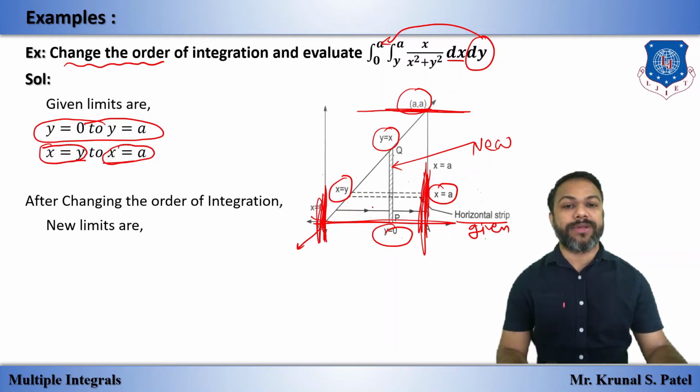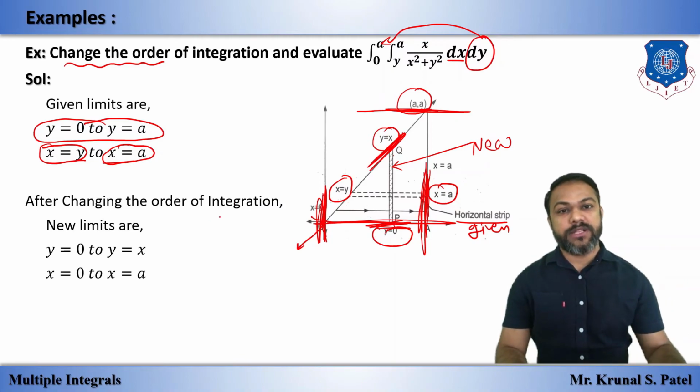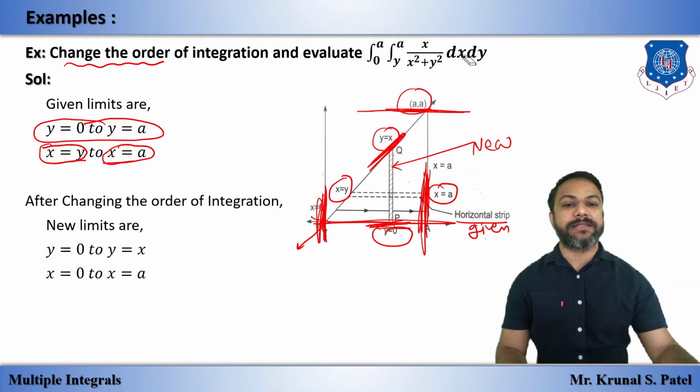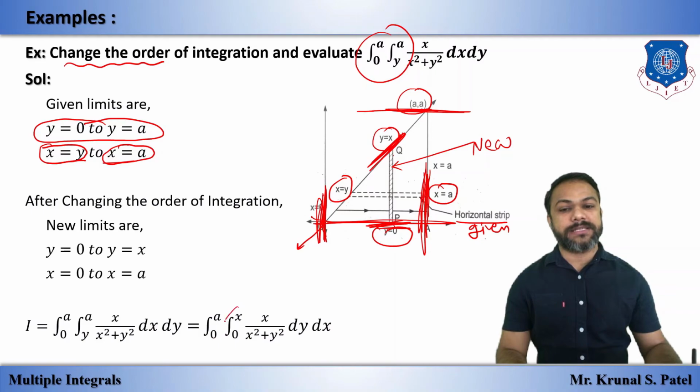So the limit of x becomes x equal to 0 to a. So y is equal to 0 to y is equal to x, and moving along this, x is equal to 0 to x is equal to a. So the given limits become x is equal to 0 to a and y is equal to 0 to y is equal to x.